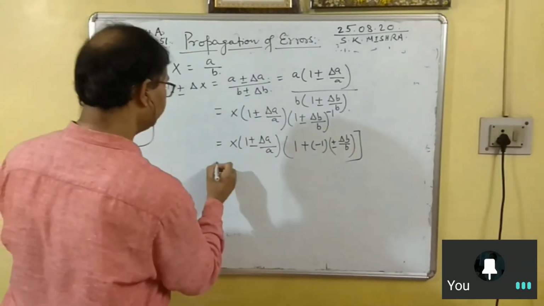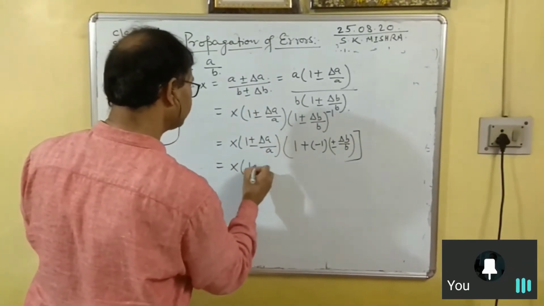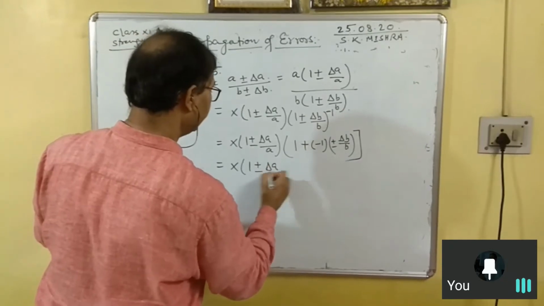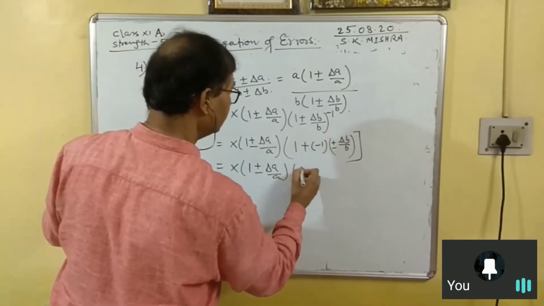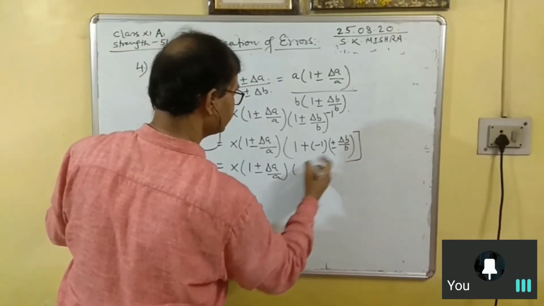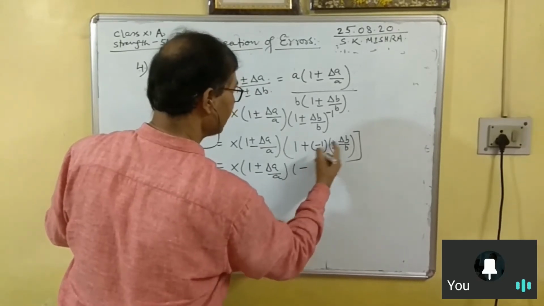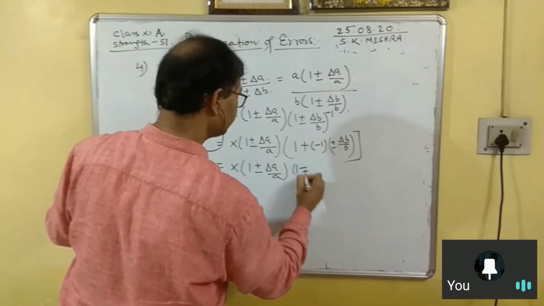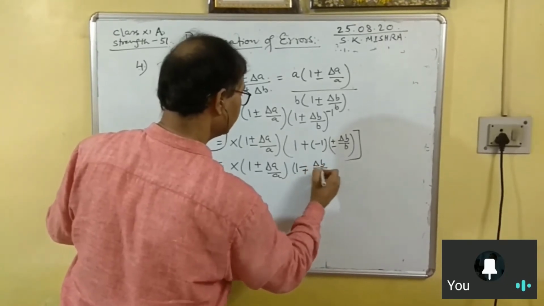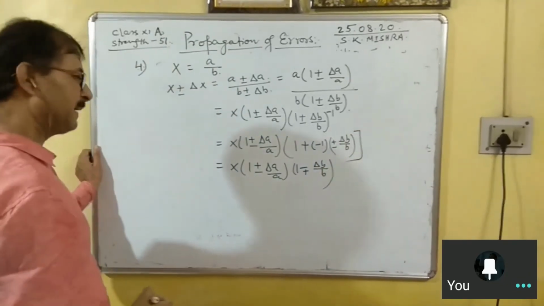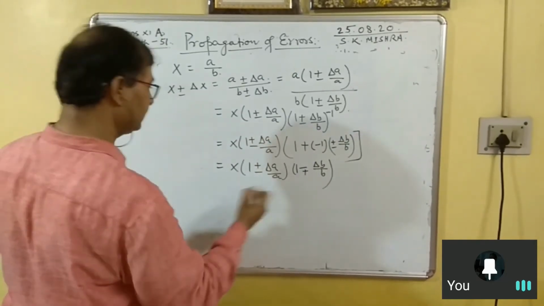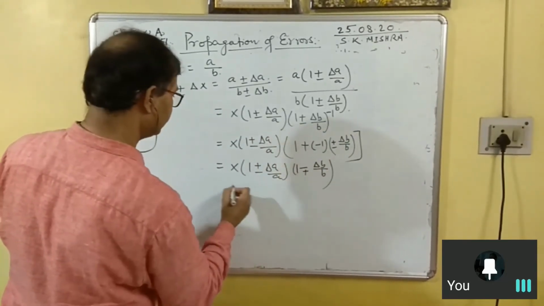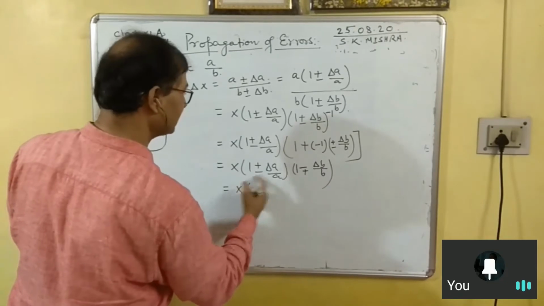So then finally it is 1 plus minus delta a by a, and this is 1 minus plus delta b by b. So minus plus and plus minus are almost the same thing. Now we are going to write x and then just multiply them.